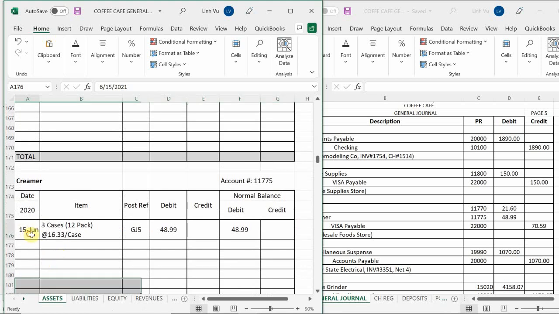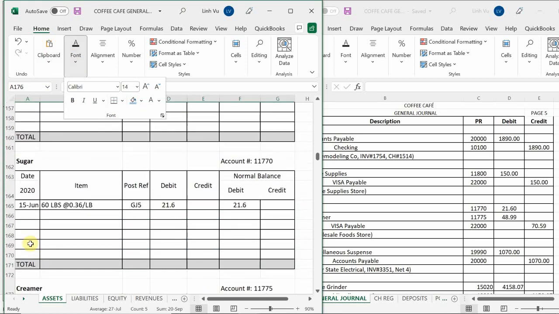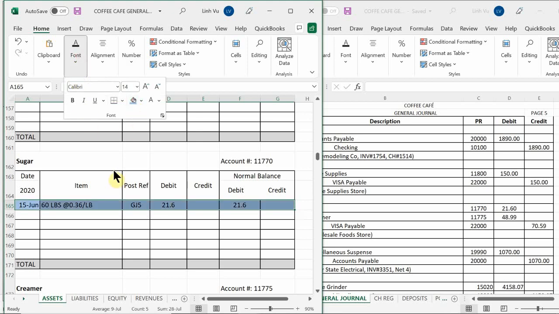So here's the creamer. And here's the sugar. Okay.